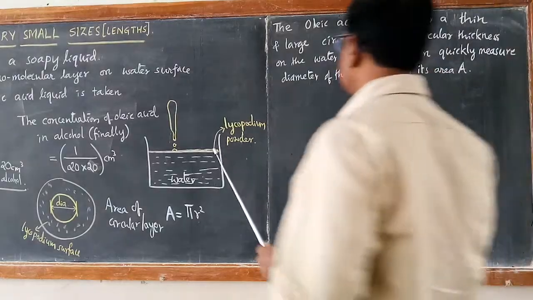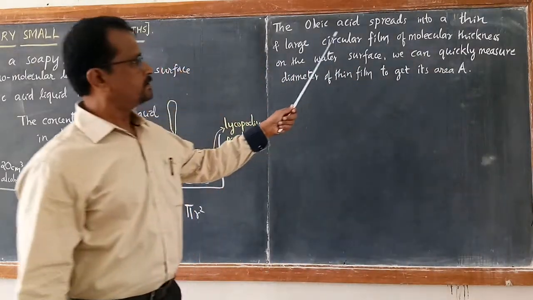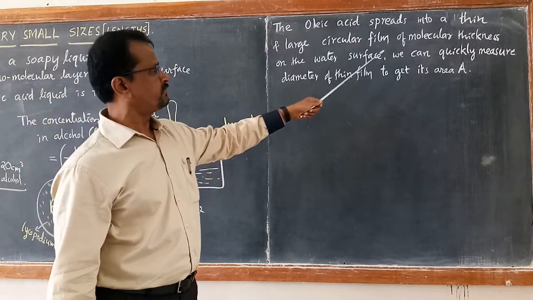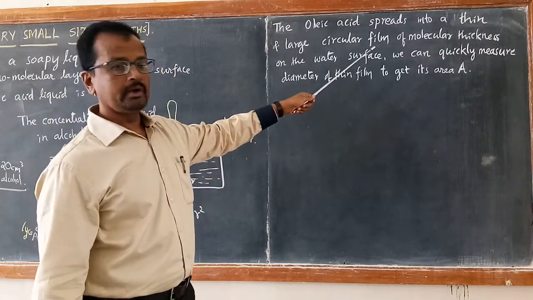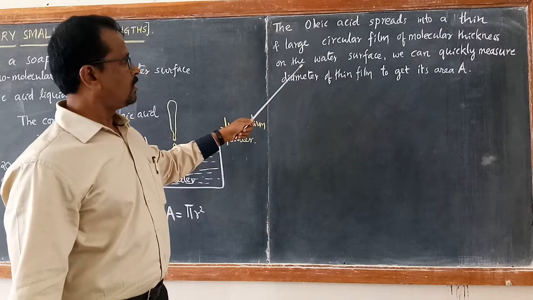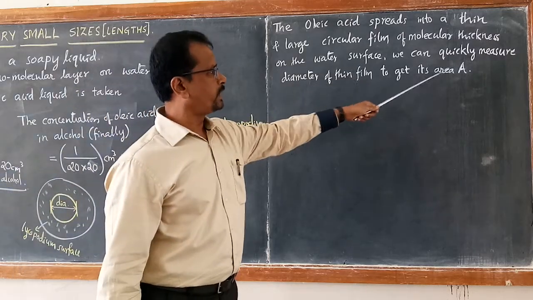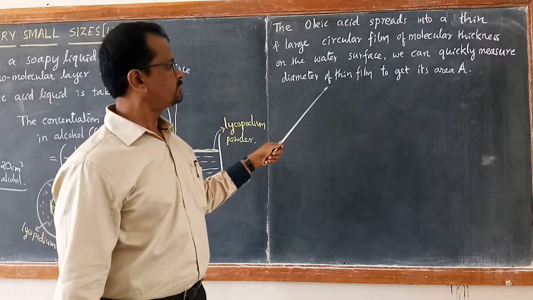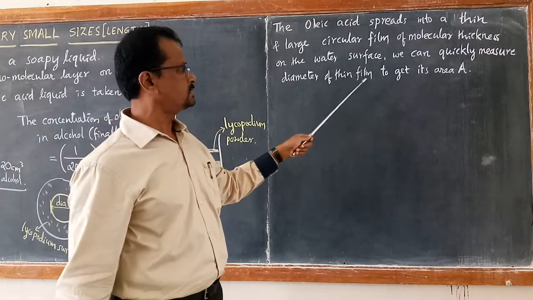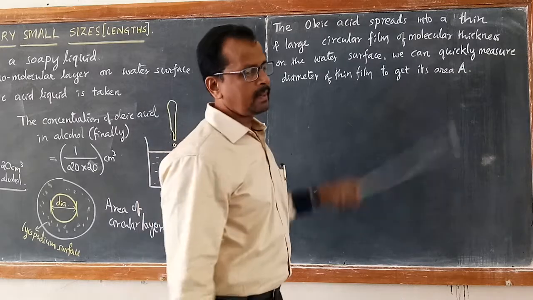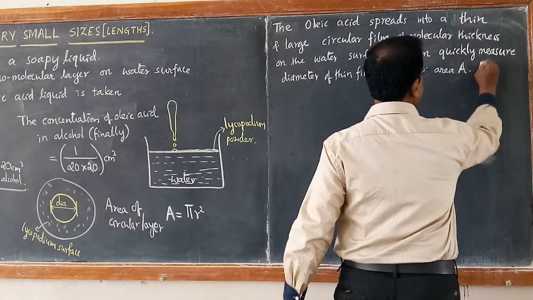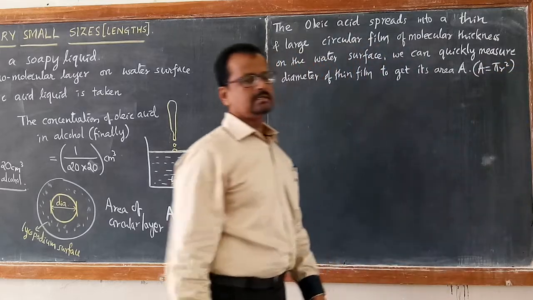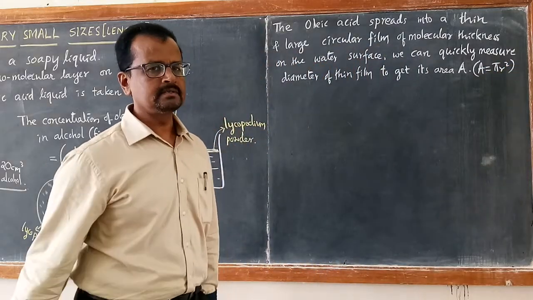Okay, look here. Since the oleic acid spreads into a thin, large circular film of molecular thickness on the water surface, we can measure the diameter of that thin film formed on the water surface to get the area A, and area can be calculated as A equal to pi r square, where r is the radius. Diameter by 2 gives us radius.